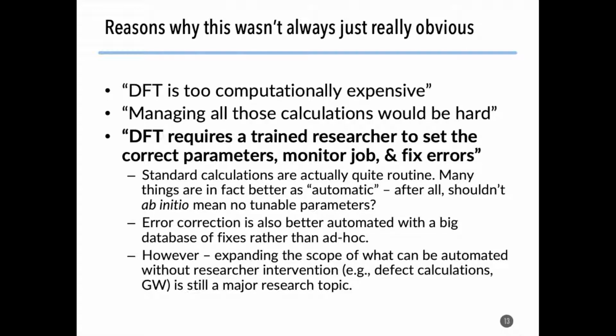And in my opinion, it's even better to do it automatically rather than to have a trained researcher, because if this is indeed an ab initio technique that doesn't require tunable parameters that you can fudge the answer with, there should really be an automatic way to do it and not a way that requires a researcher to really tune it. And other things that people thought might be difficult to automate can actually be automated even better than maybe a researcher can do it. Although there's still a lot of other types of calculations, like defects and GW calculations, that still require trained researchers to do it.